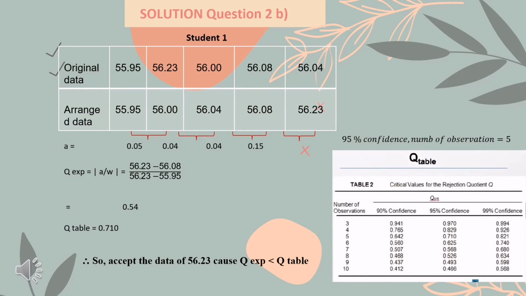So when we calculate using A divided by W, we put in the values 56.23 minus 56.08 divided by 56.23 minus 55.95, which gives the value 0.54. So the answer is acceptable because the Q table is larger than the Q experiment.